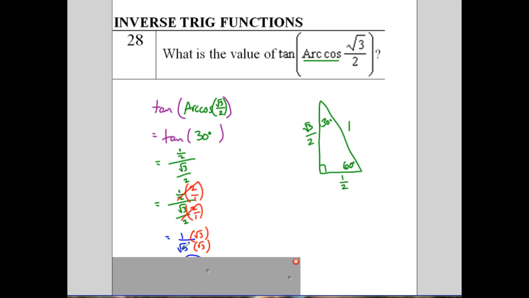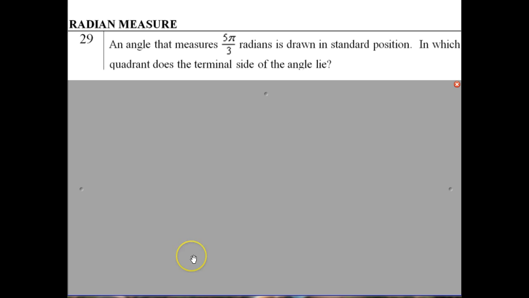Rationalize the denominator, by multiplying by root 3 over root 3. And our answer is root 3 over 3. Again, you could check that by typing this into the calculator, of course using inverse cosine instead of arc cos. But you can't really just get it from the calculator because there's no calculator button to turn the decimal into a radical.